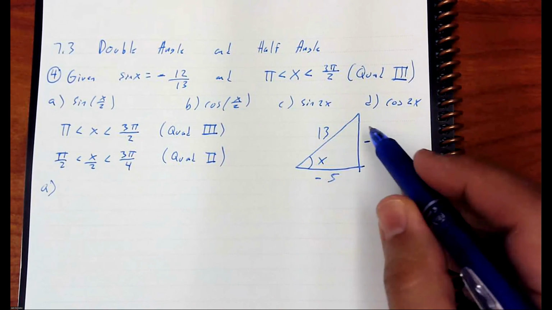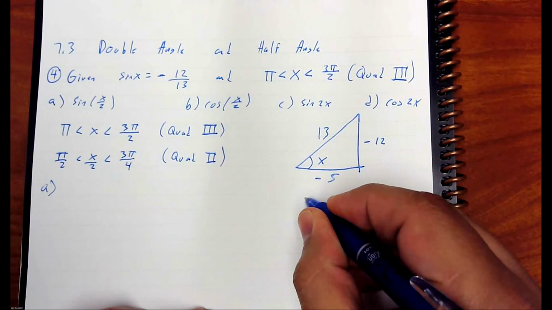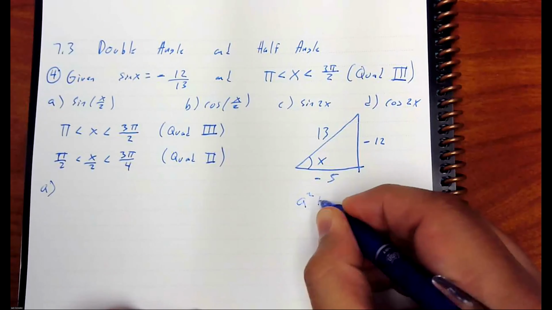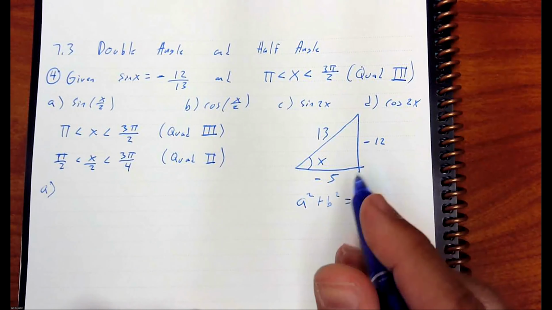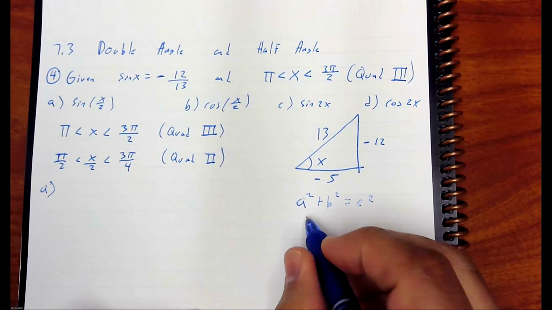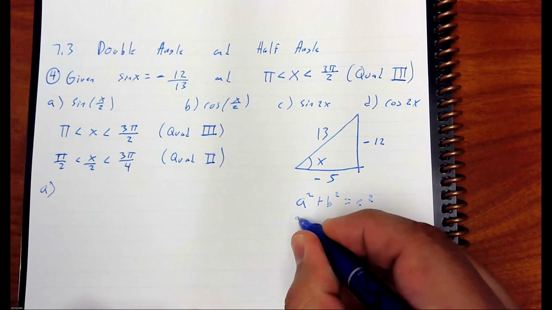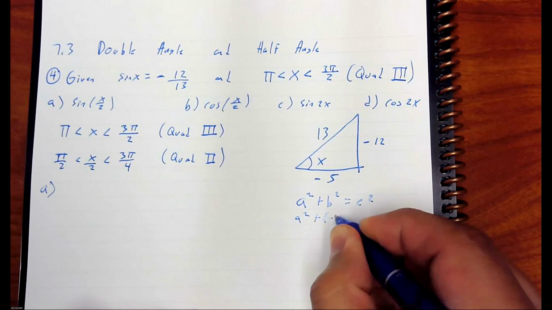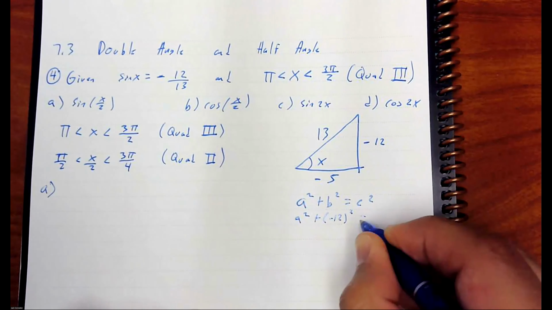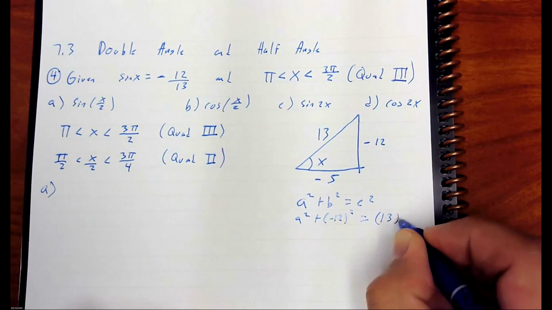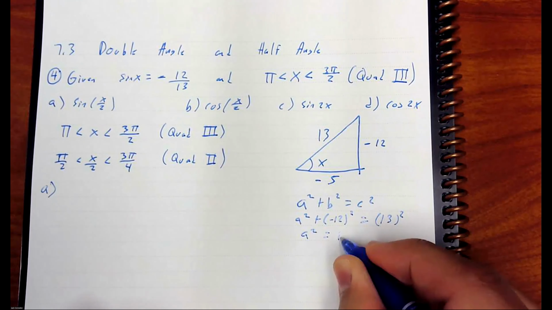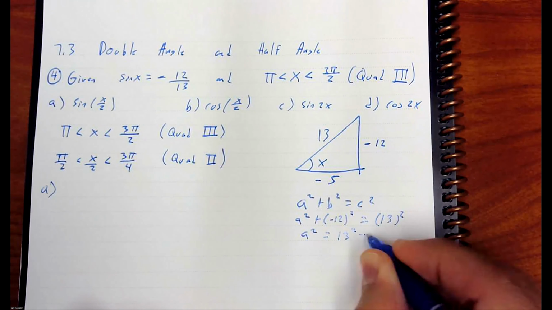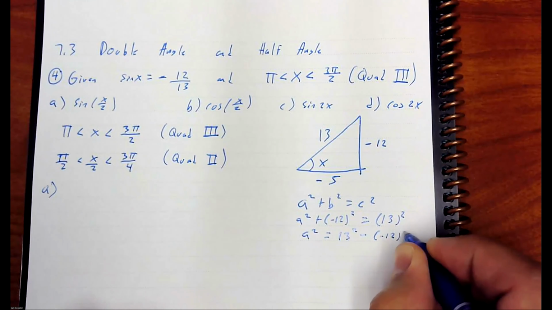So if you do your Pythagorean theorem, let's pretend we didn't know what that was. You would plug in your B and your C. So a squared is equal to 13 squared minus negative 12 squared.